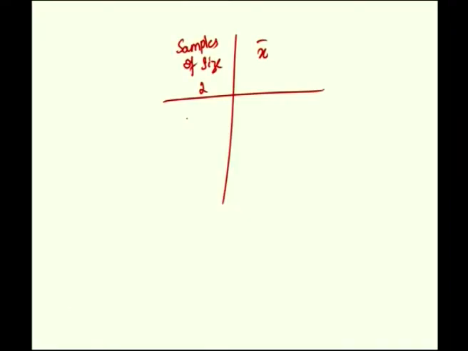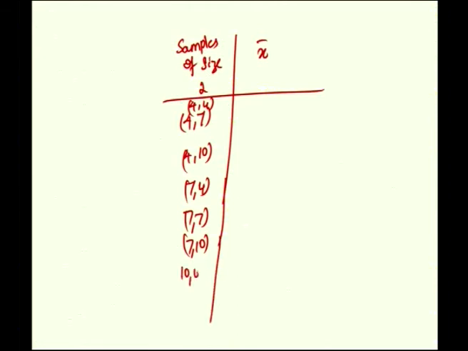4, 7, 10 are the population values from the equiprobable space. Therefore, for size 2 the possibilities are: first 4, 4, 4, 7 and 4, 10. Corresponding to 7, you take 7, 4, 7, 7, 7, 10. Corresponding to 10, you have 10, 4, 10, 7 and then 10, 10.